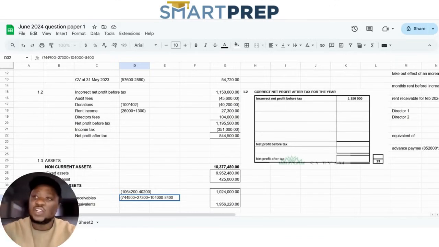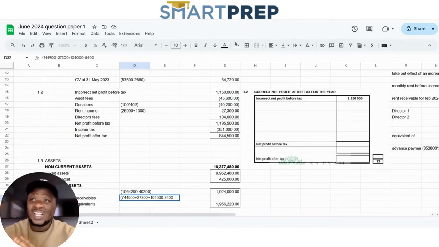So the entries involved here are: debit creditors control. When you debit creditors control, it means your creditors are decreasing, so debit creditors control and credit debtors control. Debtors control is decreasing, so you credit it. Creditors control is decreasing, so you debit it, because remember that assets, you debit them when they increase and credit them when they decrease.